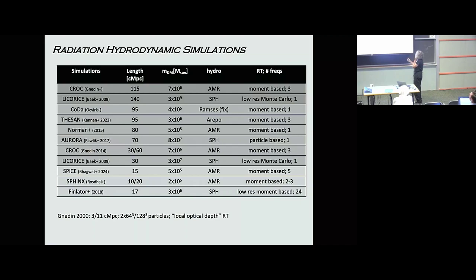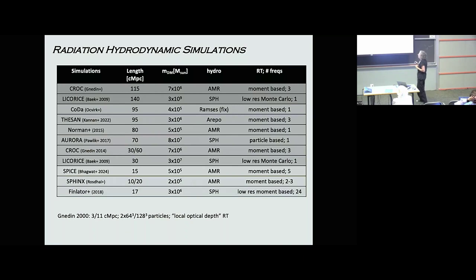So what I would like to highlight here is that most of the more recent simulations fall in what I defined as intermediate scale. Several of them are close to 100 comoving megaparsec, with a resolution that varies between a few 10 to the 5 and a few 10 to the 6 solar masses, various methods to follow the hydrodynamics, and most of the radiative transfer is moment-based, with between 1 and 3 frequency bins.